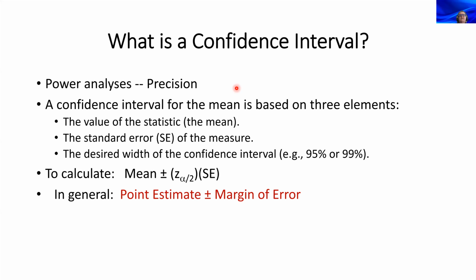With precision analyses, in terms of confidence intervals, the narrower the confidence interval, the greater the statistical power. So some basics in terms of confidence intervals: we look at the test statistic, the standard error, the width of the confidence interval, and if you think of it conceptually, it's our point estimate plus or minus the margin of error. And we'll be using confidence intervals to determine the lowest meaningful effect.